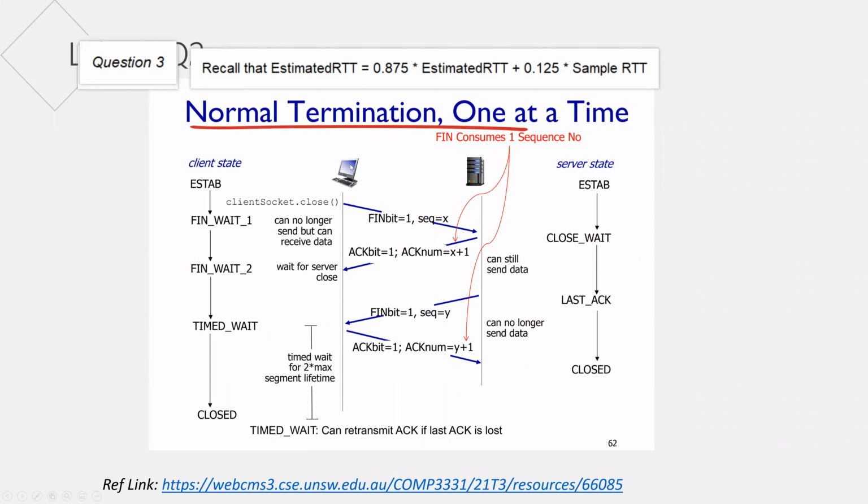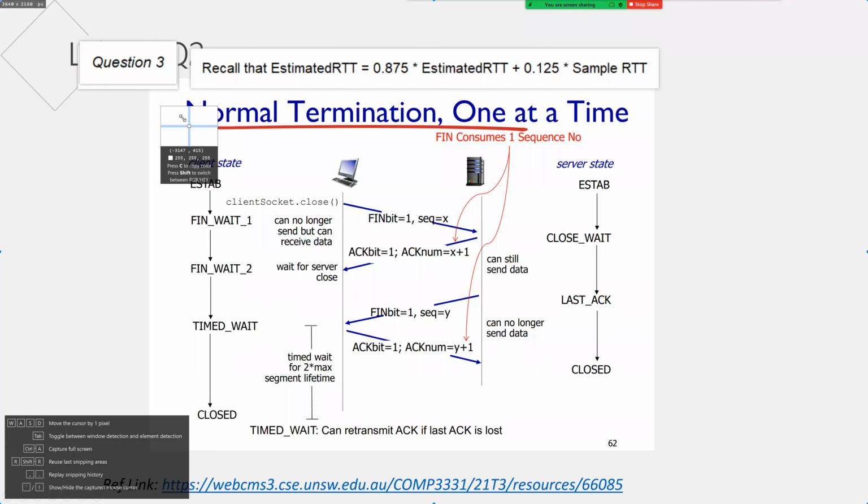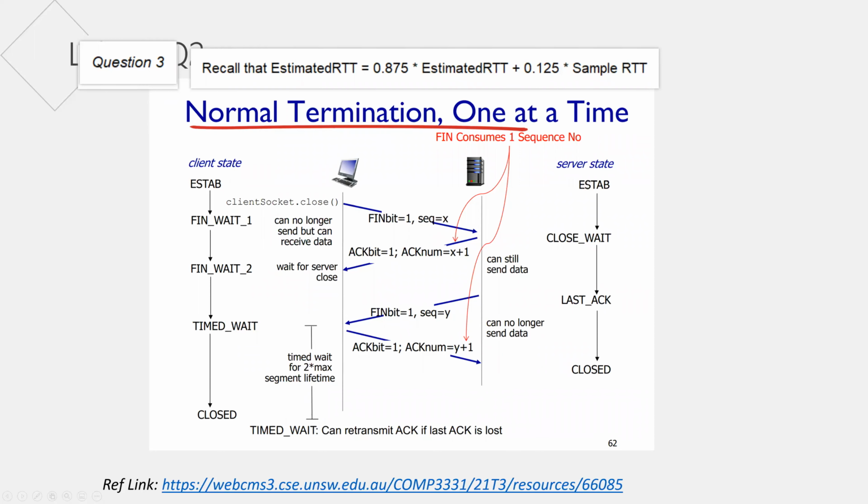In here, let's say the left side is our computer and the right side is the server. So we will send a SYN, sorry, let me draw something. We will send a SYN and we will specify the sequence number as X, right?